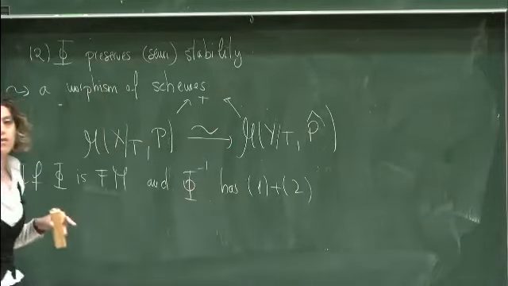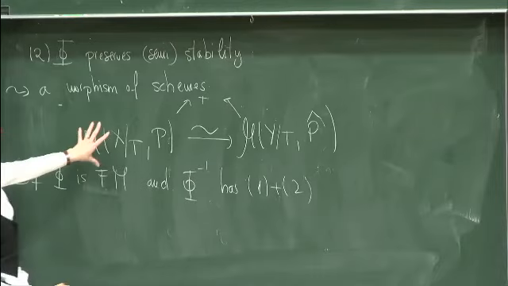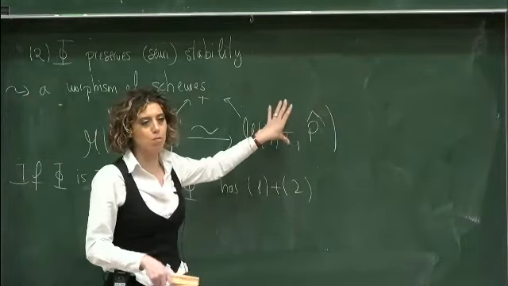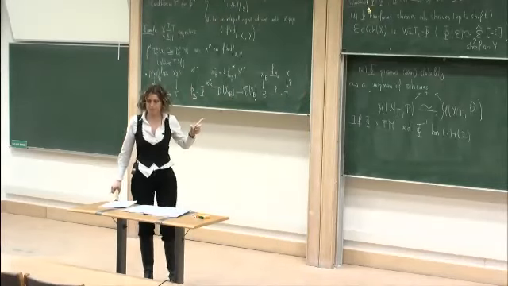You get an isomorphism as schemes over T. So with this machinery, you transform your moduli problem into another moduli problem that hopefully will be easy, or maybe if you are very lucky, you know the solution for this moduli problem.